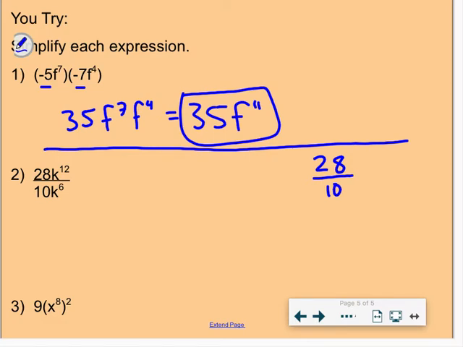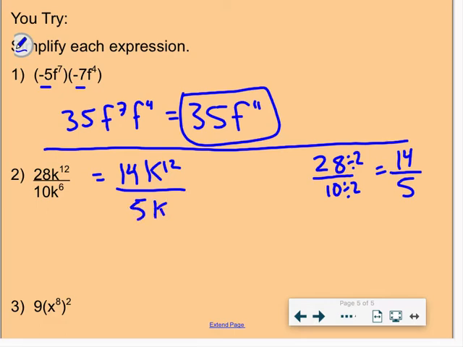Well, they're both even, so let's try 2. 28 divided by 2 is 14, and 10 divided by 2 is 5. It looks like that's the simplest form for that fraction, 14 over 5. We can leave that as is. So we have 14k to the 12th, all over 5k to the 6th.